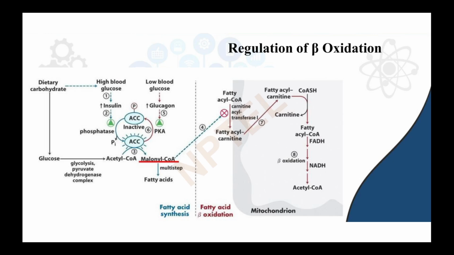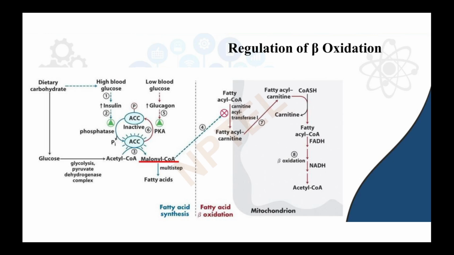So fatty acids or fatty acyl coenzyme A cannot transport themselves on their own through the mitochondrial membrane. So they need a transfer protein, carnitine acyl transferase, and we'll discuss this. This is inhibited by malonyl coenzyme A. And it actually increases the fatty acid synthesis.